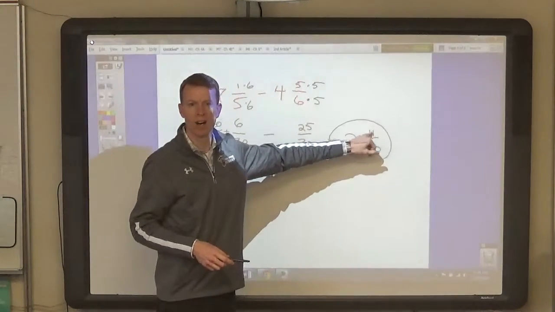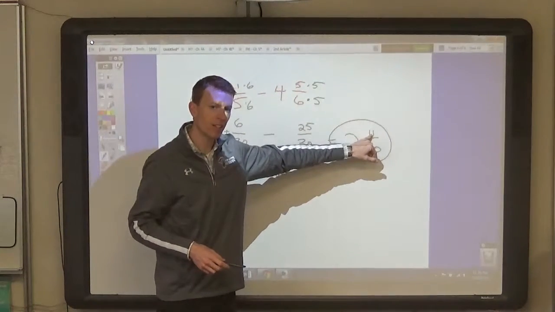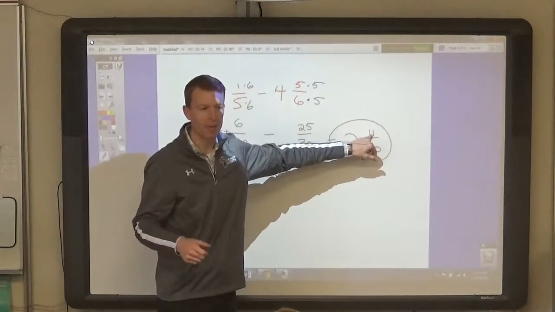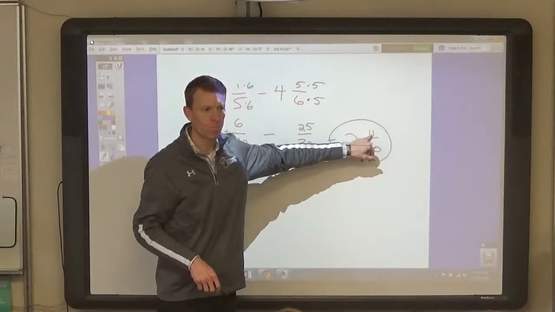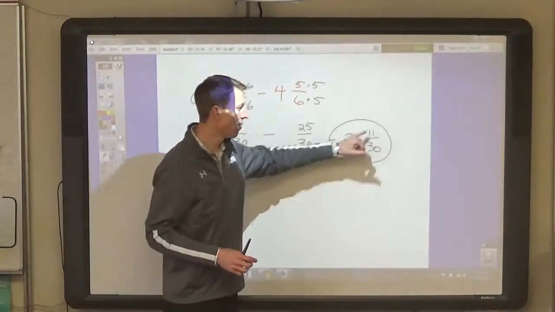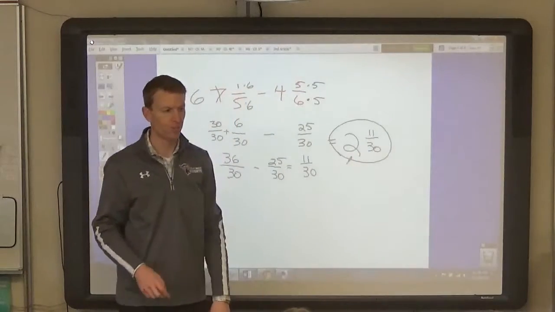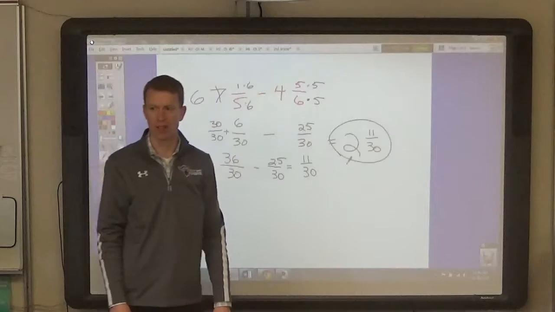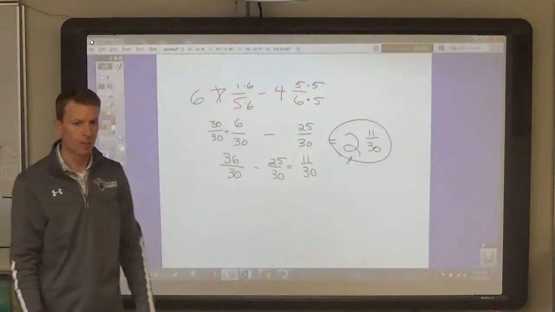And are there any factors of 11? 11 is a prime number. Yep. So if it's a prime number, it doesn't have any other common factors, and this number does not go into the denominator. Okay?